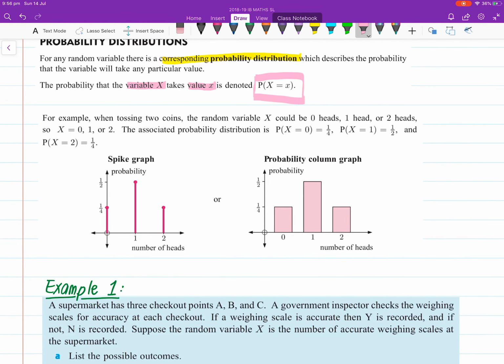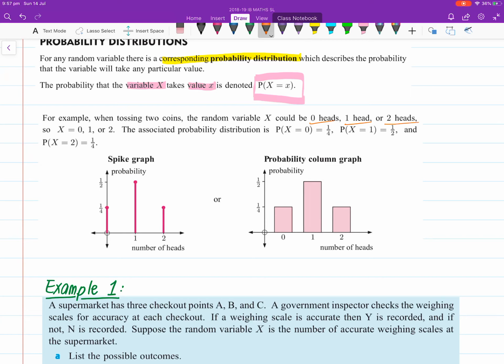So if you have a look here, let's say I'm tossing 2 coins. Okay, the random variable x could be, let's say we're looking at just heads. Okay, so you could get 0 heads, 1 head, or 2 heads. So like that's your whole sample space. That's all the results that you can get. Does that make sense?